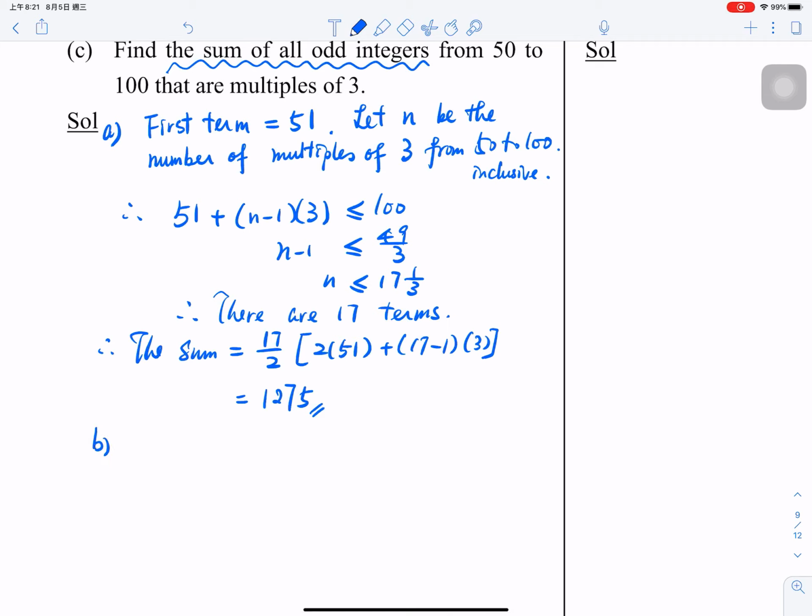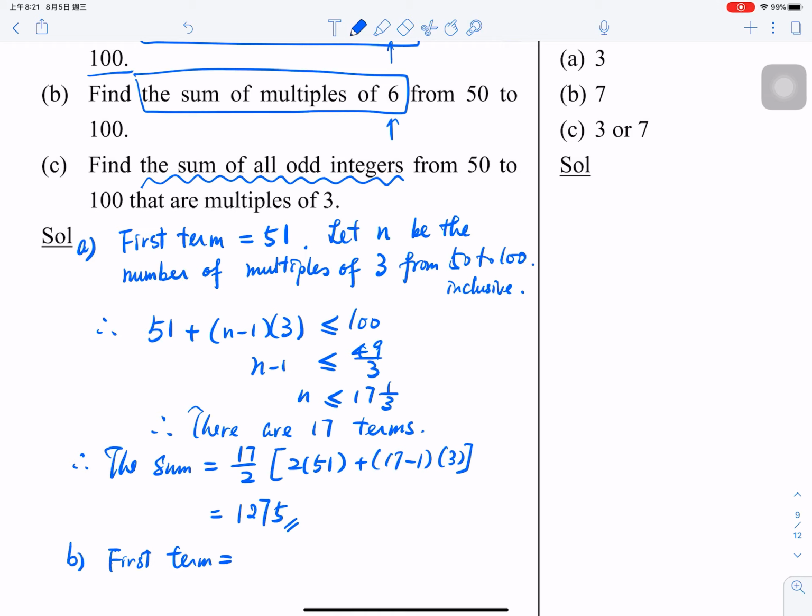Let's see part B. Can you find the first term of the multiples of 6 in this range? Maybe I give you 3 seconds. Think about it. Okay, the answer is 54.